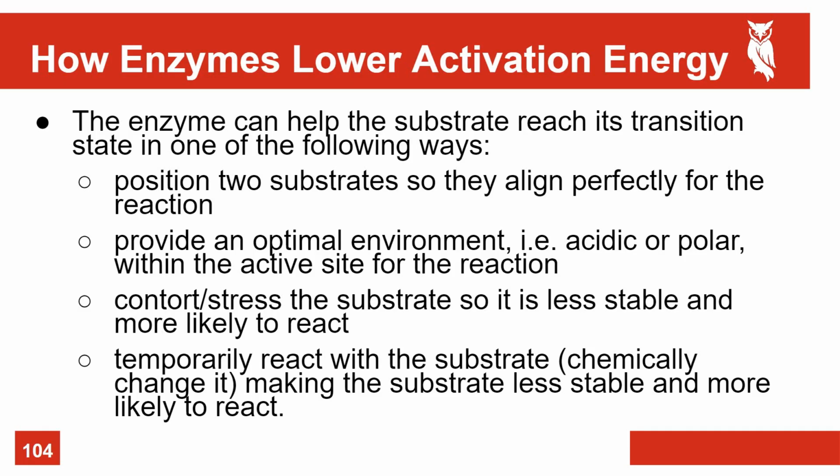It can contort or stress the substrate so it's less stable and more likely to react, like bending the pencil so you don't have to add as much energy to get it to break. And it can temporarily react with the substrate, chemically changing it, making it less stable and more likely to react. Essentially the substrate will react with the enzyme, and then another substrate will react with the enzyme-substrate complex.